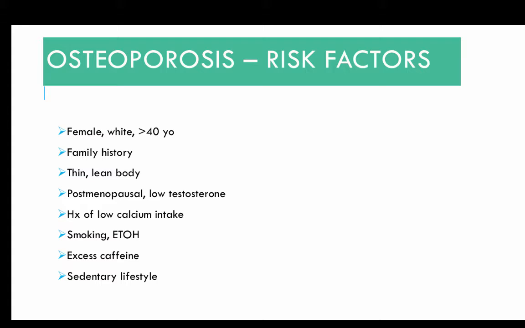So hyperparathyroidism can lead to osteoporosis. Steroid use, chronic steroid use for autoimmune disorders or asthma. Some medications used for seizure disorders like Dilantin or phenobarbital. And then, like I said, the problems associated with quadriplegia or paraplegia.